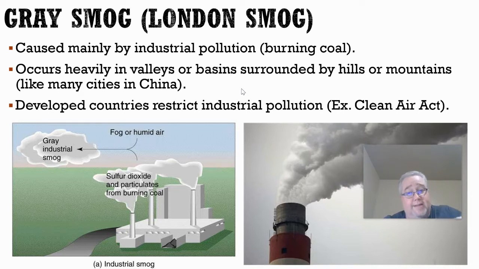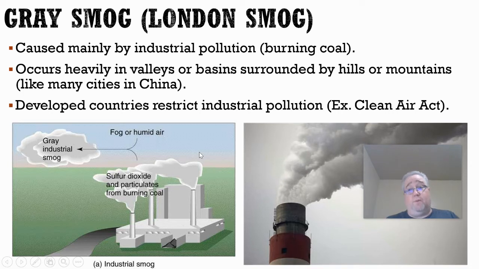Part of China's air pollution problem, one, is that they burn a lot of coal, and number two is the geography of their country. It makes it real difficult for all of these particulates to escape into the atmosphere. Instead, they linger very close to the surface. That's what gray smog is.